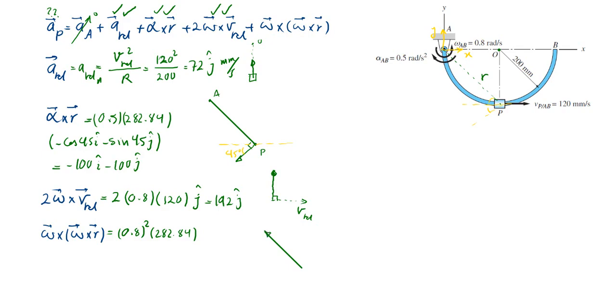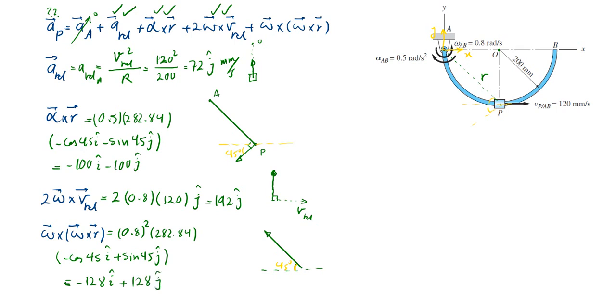And this angle here is 45 degrees. Which means if we decompose that, it would be minus cosine 45 i plus sine 45 j. Once you do that, you'll get minus 128i plus 128j.